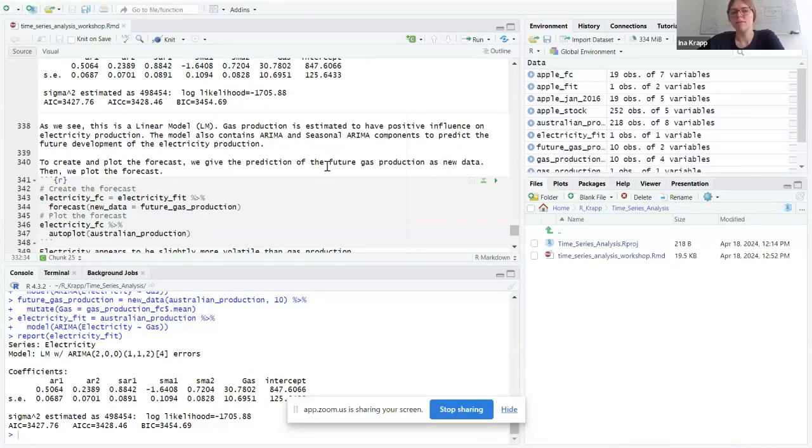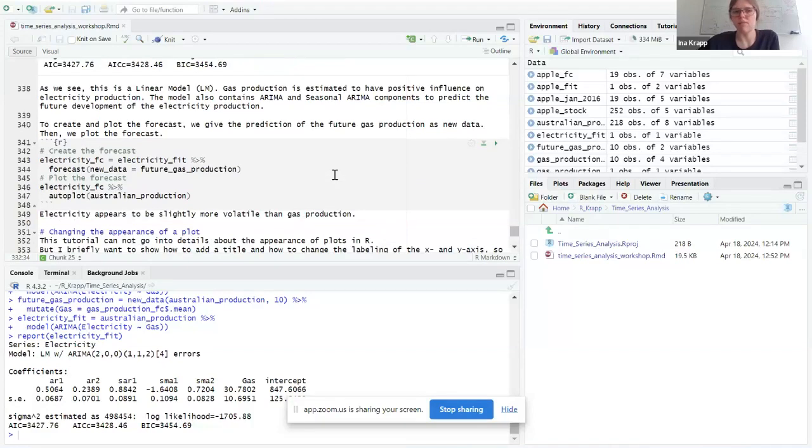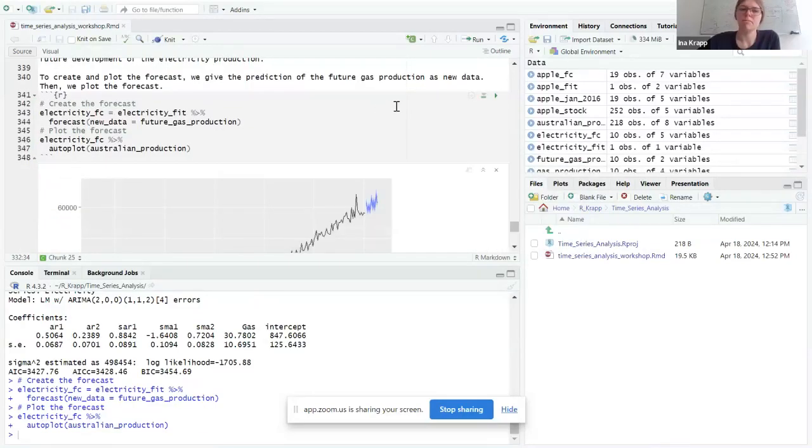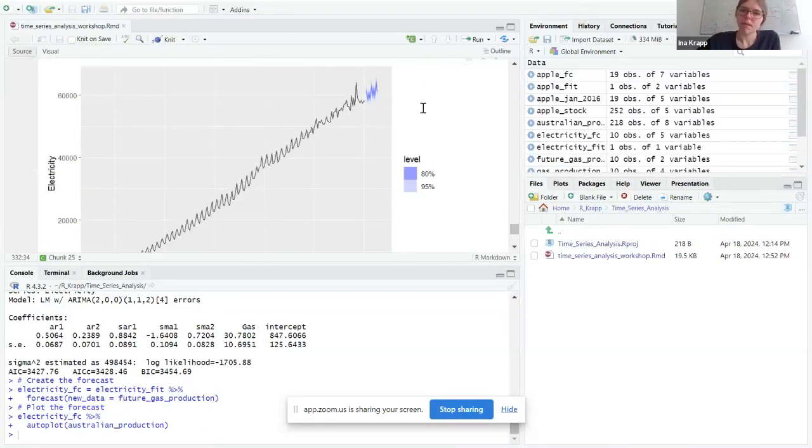Next, we will create and plot the forecast. Again, we will use new data, in this case data on future gas production, to define how many periods in the future we want to predict. And here we now have the forecast. We can see the uncertainty associated with it is a bit more pronounced than it was for the gas production. Electricity production is fairly volatile.